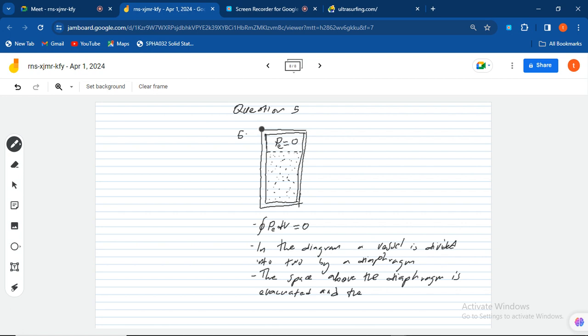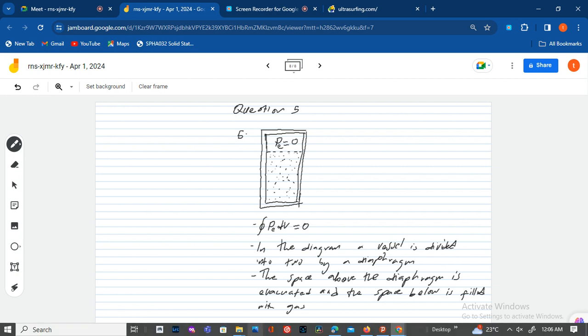But if the diaphragm is punctured, the gas will fill the entire vessel.